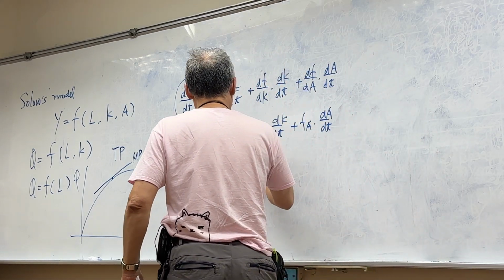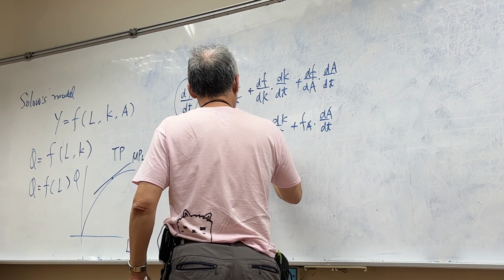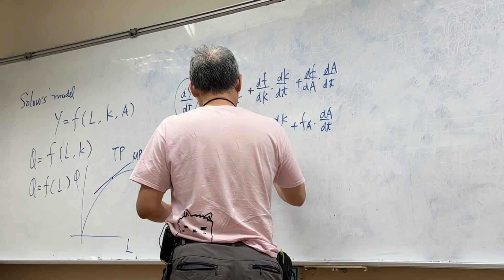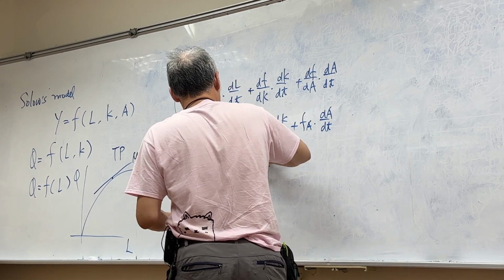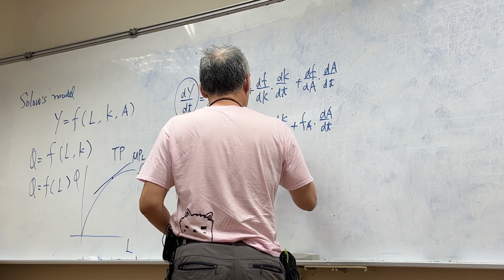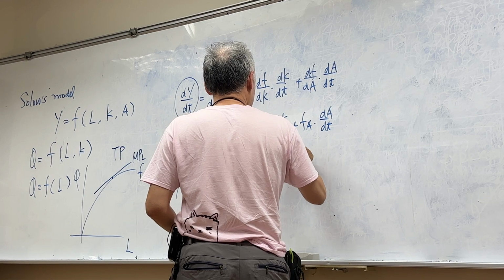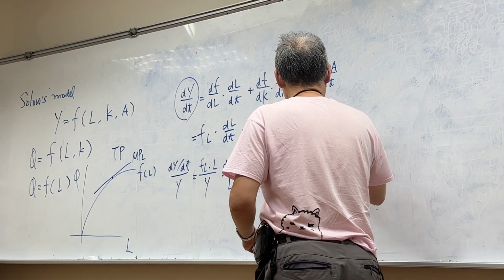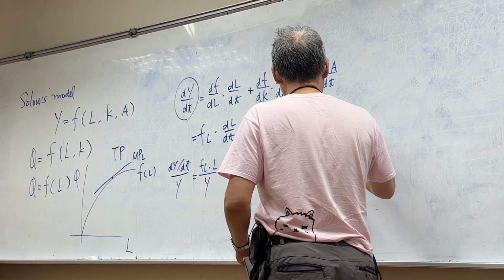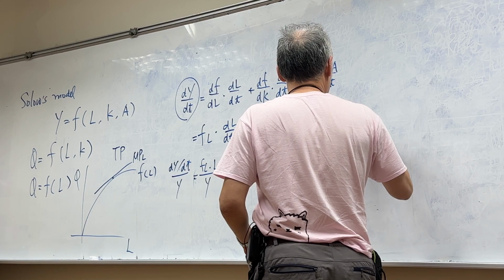And then Y, sorry, this is F_K times K, and then K, dK dt, and then plus Y, and then here you have F_A times A, here you have A, and then dA dt.